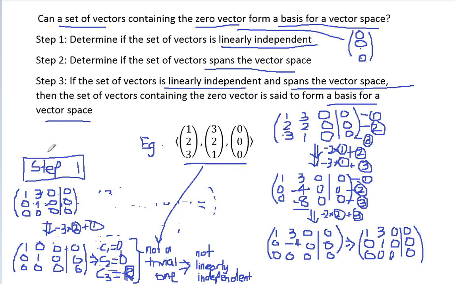So step 1 fails. From here, we cannot proceed with step 2 and step 3. We cannot carry on because step 1 shows that they are not linearly independent. Therefore, these do not form a basis of a vector space.